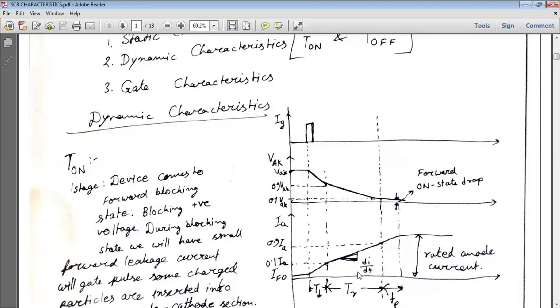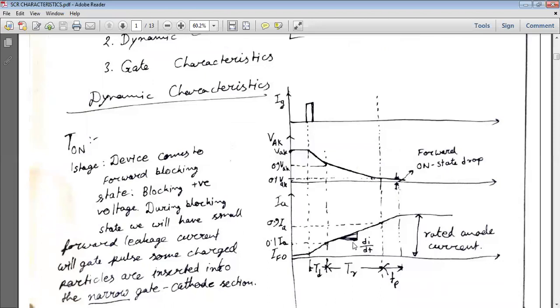Next comes the rise time. Rise time is what? Anode current is changing from 10% of its rated current to 90% of its rated current. That is from TD to TR, from this portion to this portion. This is the portion where the current goes from 10% of its rated value to 90% of its rated value, and that duration is called the rise time.